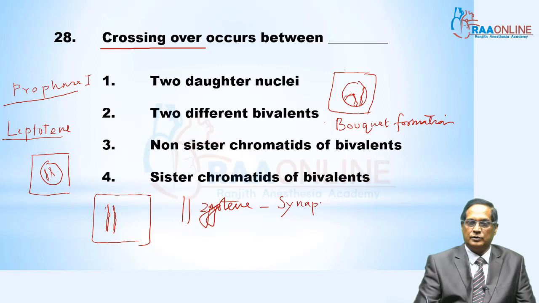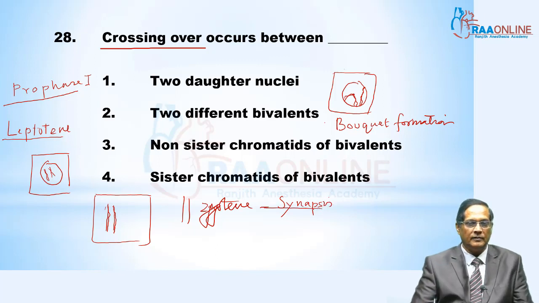Third is pachytene. Each chromosome splits longitudinally. So there are two chromosomes, that is, a pair is there.